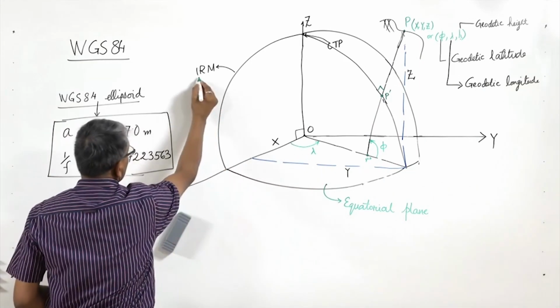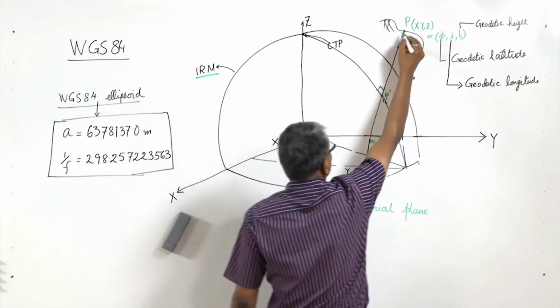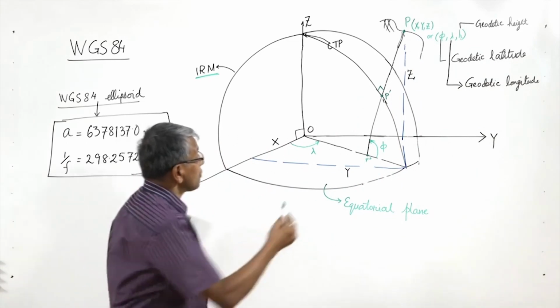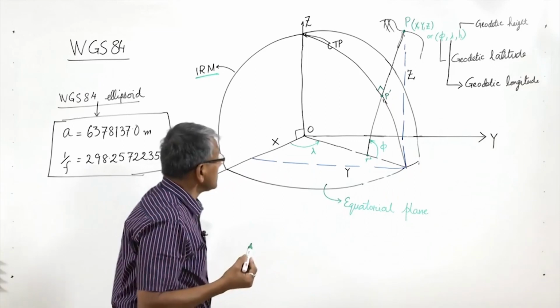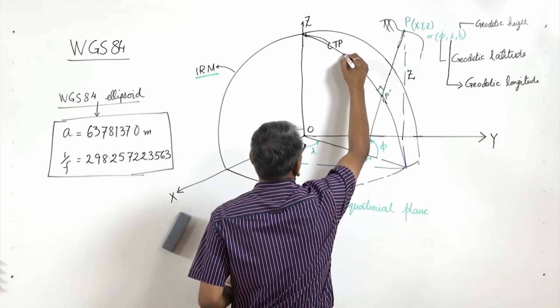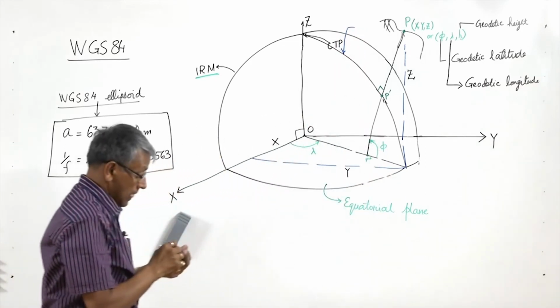This is the international reference meridian, and this is the meridian of the point of observation.